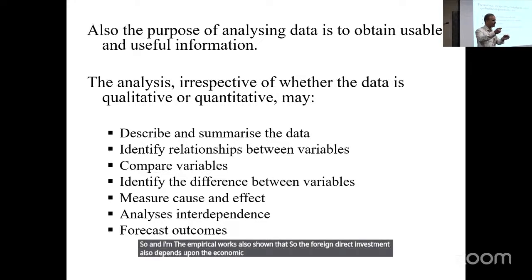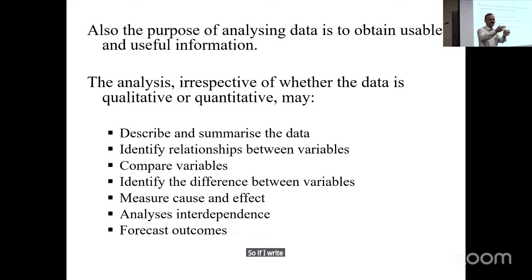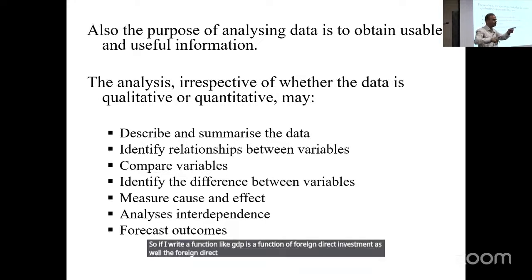A proxy for measuring economic growth is GDP. So if I write a function like GDP is a function of foreign direct investment, and foreign direct investment also depends upon economic growth or GDP, then I have an interdependency between the economic growth of a nation and foreign direct investment.